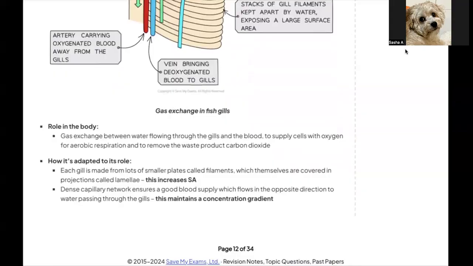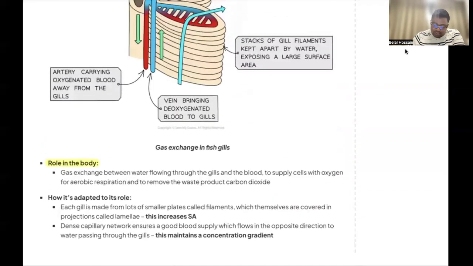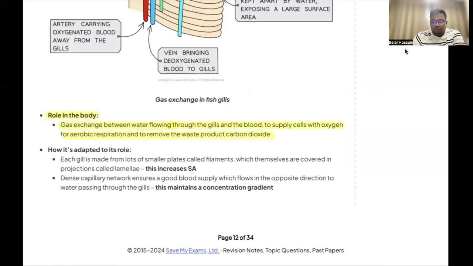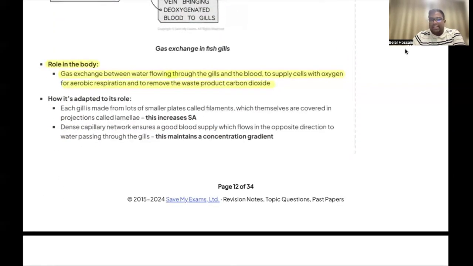Okay, so the role in the body. The gills' role in the body would be gas exchange, between the flowing water passing through the gills, for aerobic respiration and to remove waste. Fish do not have to stand against gravity, so they don't need a lot of oxygen to survive.